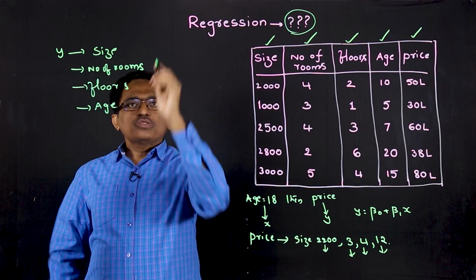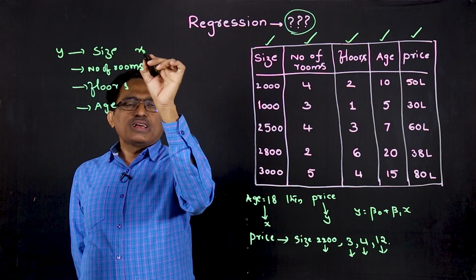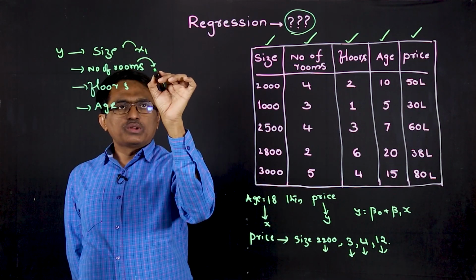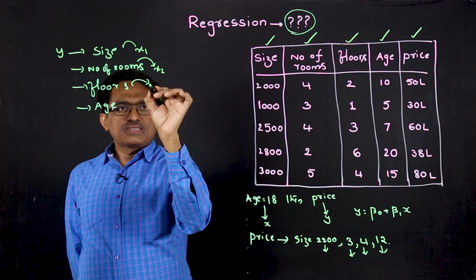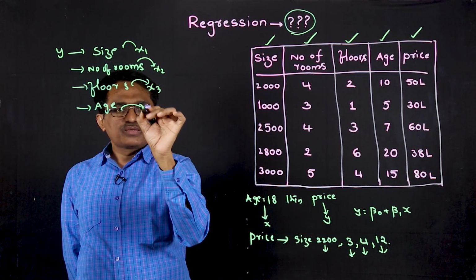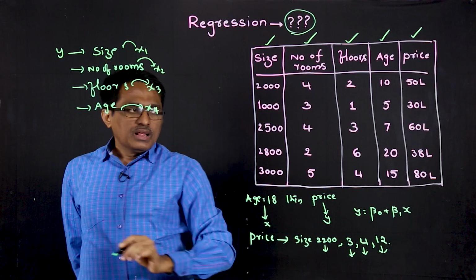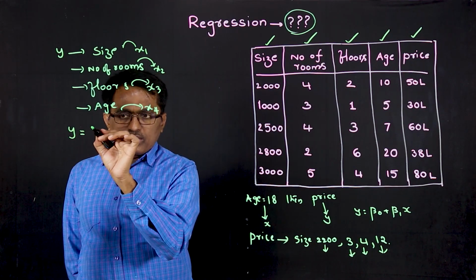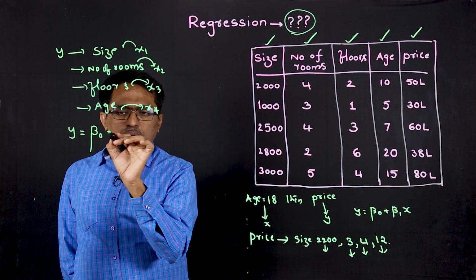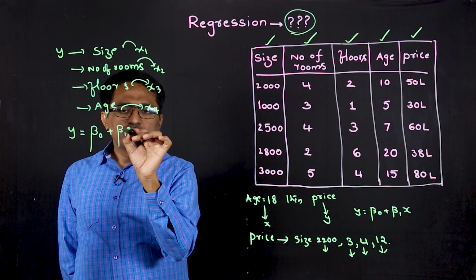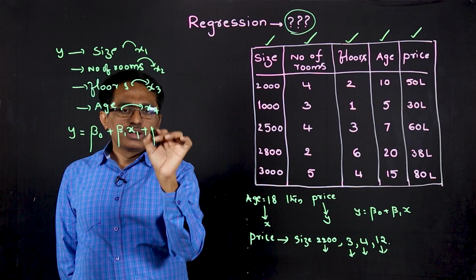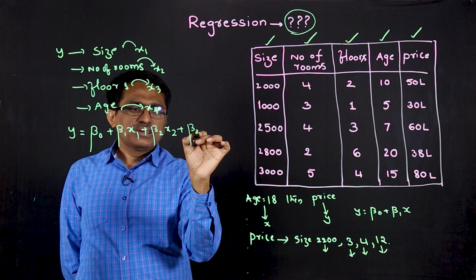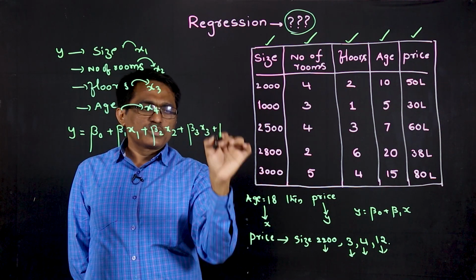Suppose I take x1 as the size, x2 as number of rooms, x3 as floors, x4 as age. Then I will try to establish a linear relation, that is y equal to beta naught plus beta 1 x1 plus beta 2 x2 plus beta 3 x3 plus beta 4 x4.